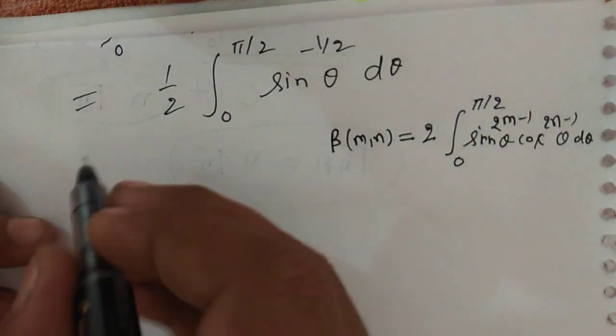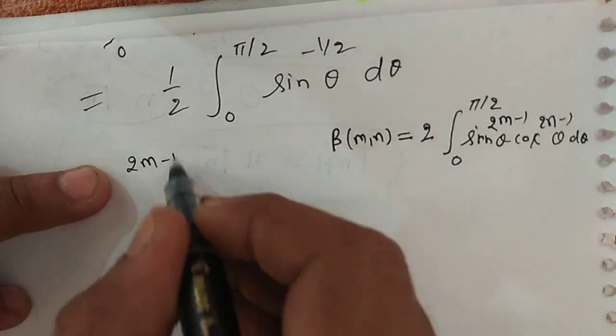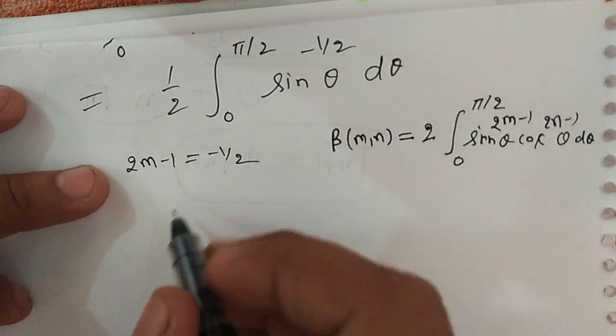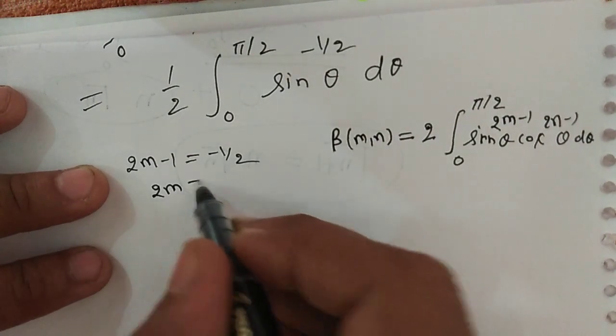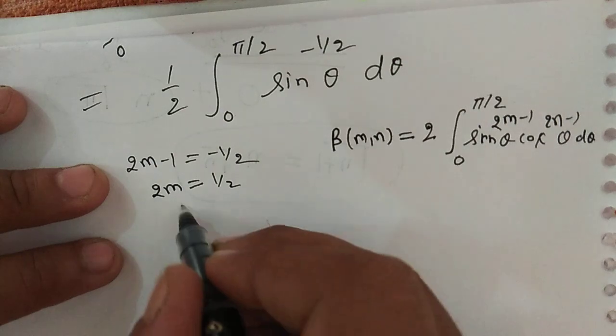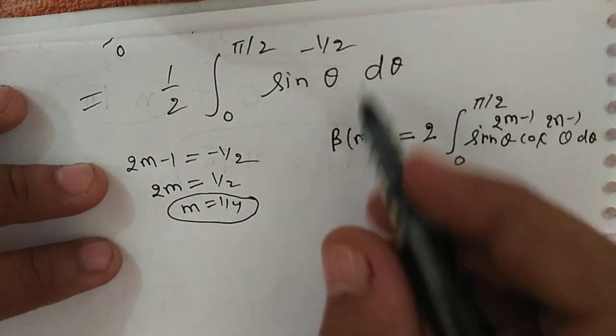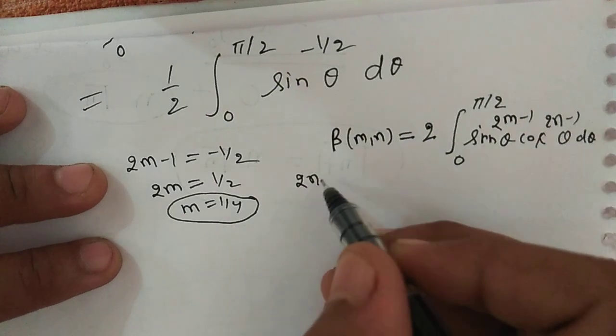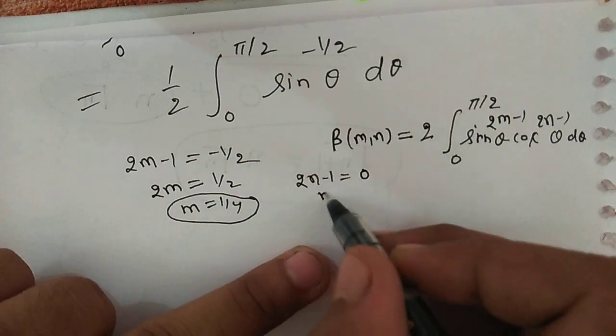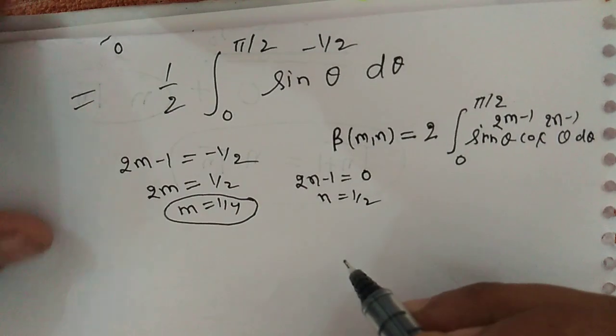So here 2m minus 1 equal to minus half, so 2m equal to half, m equal to 1 by 4, and the cos power is 0, so 2n minus 1 equal to 0, so n equal to 1 by 2.